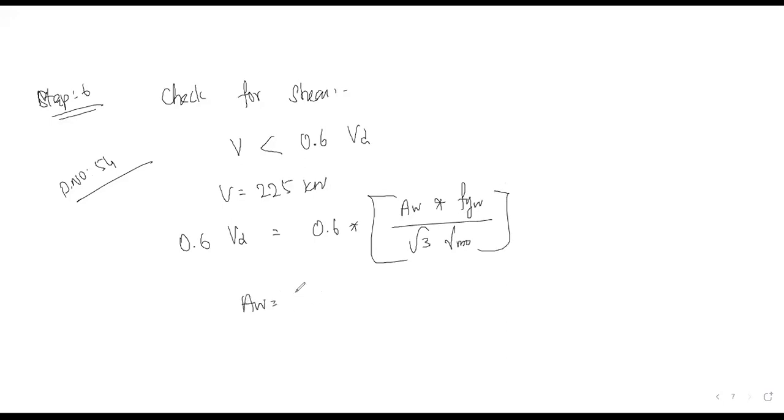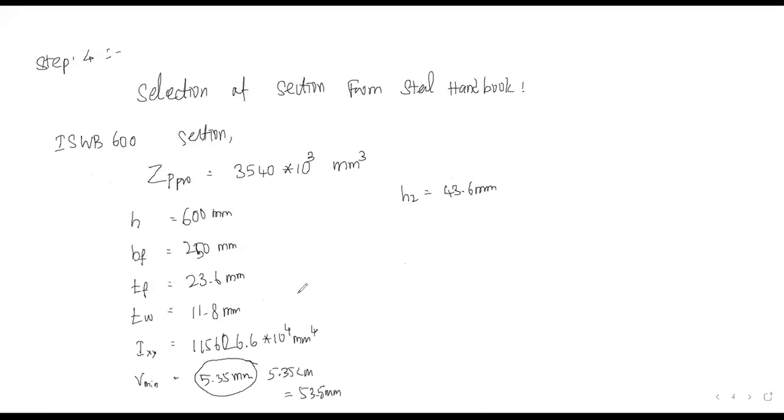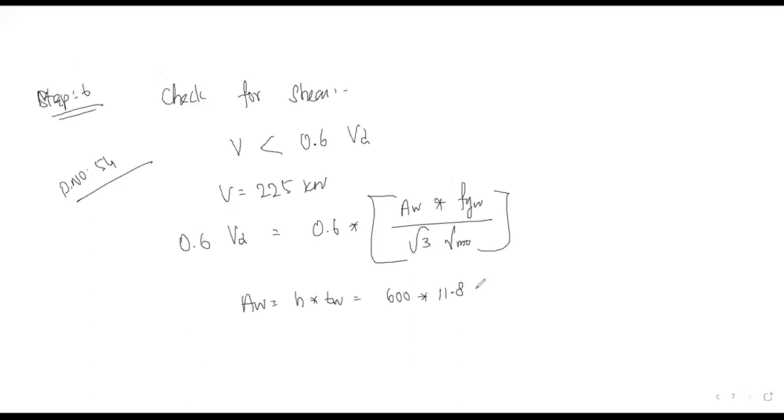Area of web is h into thickness of web, so 600 into 11.8 becomes 7080 mm squared. Fy is 250 Newton per mm squared, and gamma m0 is equal to 1.1.